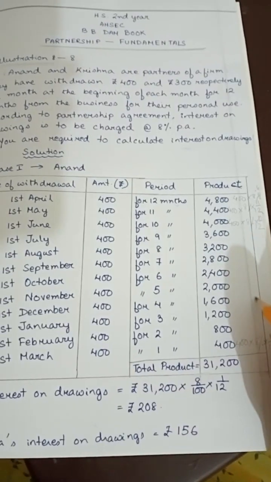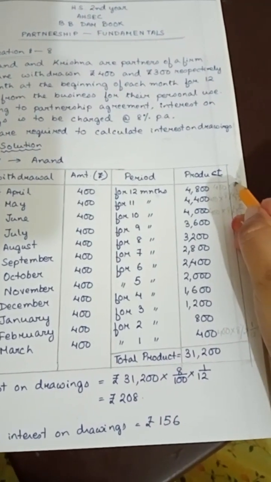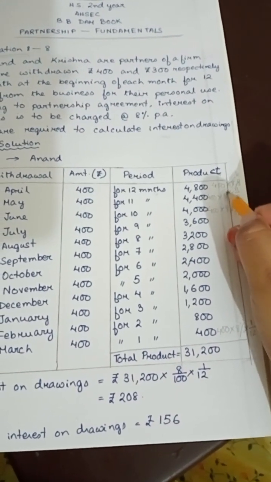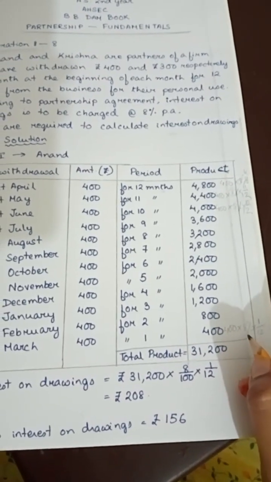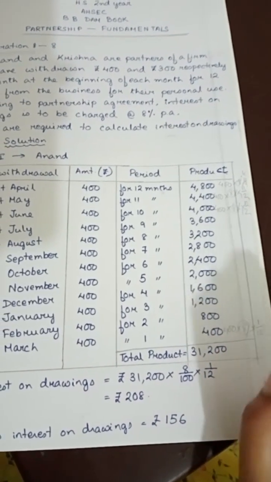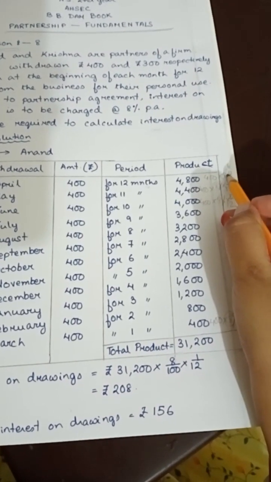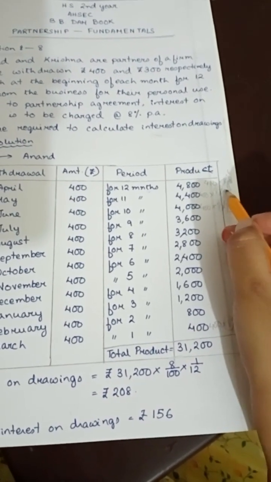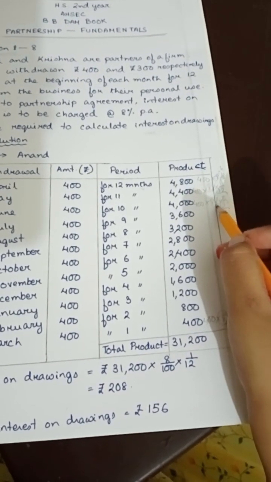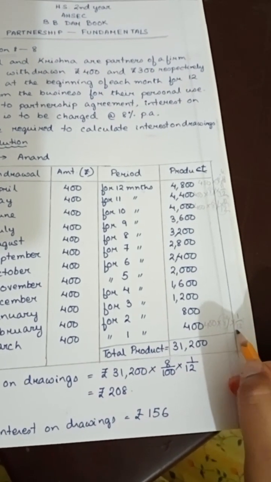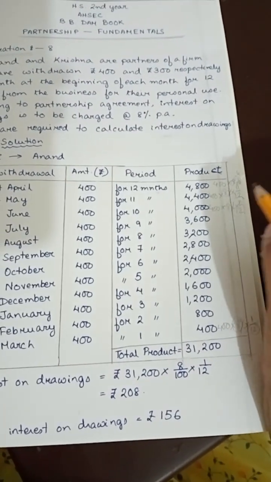So in all the cases you see here 8%, 8%, 8%, and this 8% is common, and here it is divided by 12, 12, 12 and 12. So this is common.